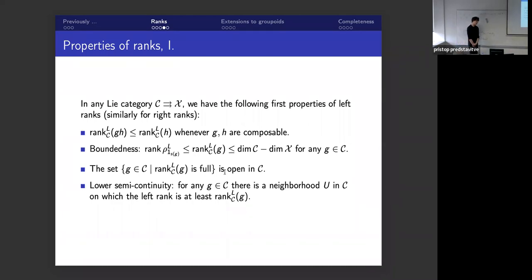Basically any kind of absorbing element such as a zero would automatically have zero rank, right? So what I'm saying is the opposite. If you have something which is like a ring without zero divisors, then essentially you can extend it.